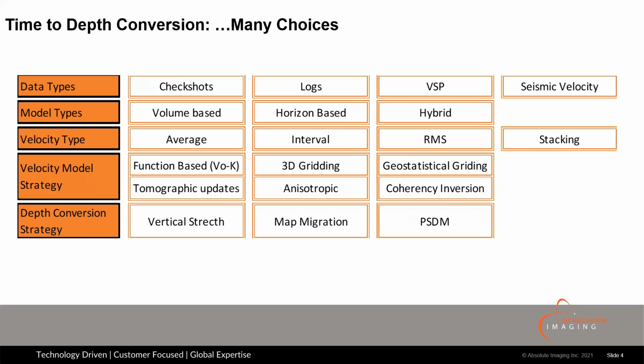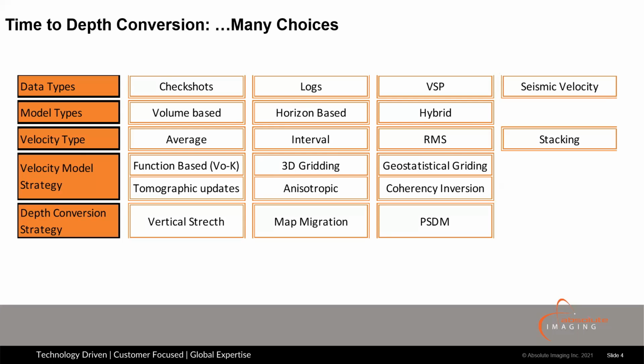For instance, if we talk about data types, we have check shots, logs, VSP. Typically these are 1D data, right? You can divide model types into volume based, horizon based, or you can use a hybrid combination of those two. Then for velocity type, we have different types: average, interval, RMS, and stacking velocities.